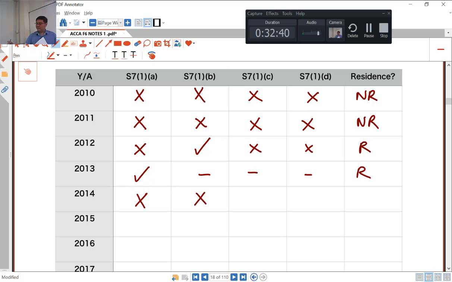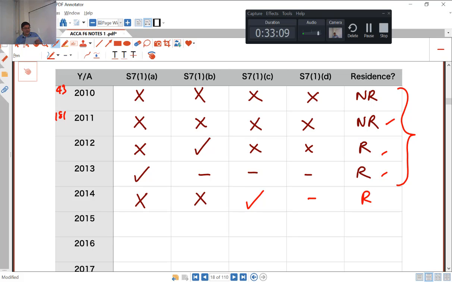Now that's the 4 years immediately before 2014. And you notice 1, 2, you already have resident. So you need one more. What do you need? 90 days, right? So please check 2010 and 2011. How many days do you have? 43, 181. So do you have that? Yes. So that makes you a resident by virtue of 1C.